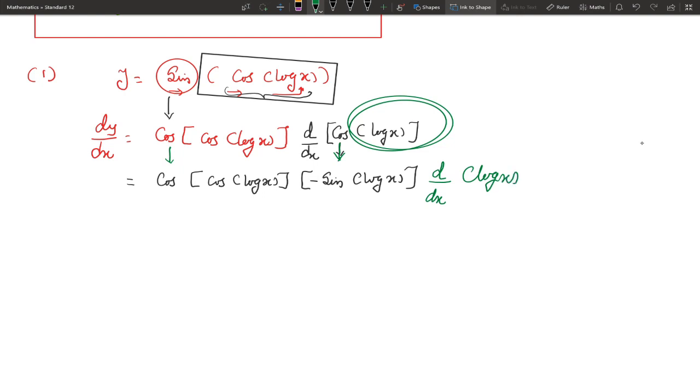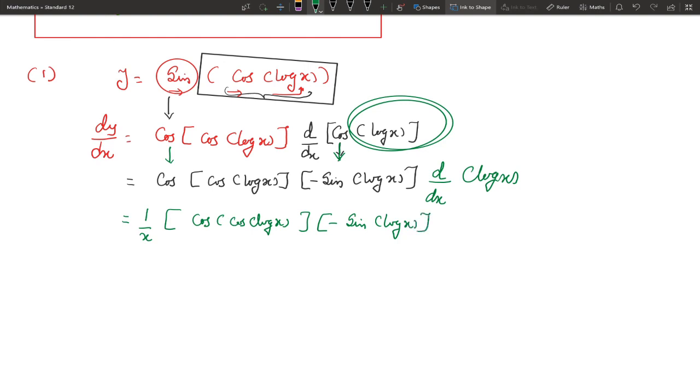Now the derivative of log x is 1 upon x. So this is nothing but 1 upon x cos of log x minus sine of log x.